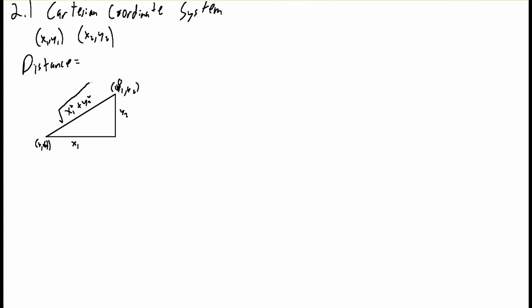They aren't necessarily on the axes. They can be anywhere they like. And so, in order to make this more useful to us, we can just do a difference, delta x and delta y.